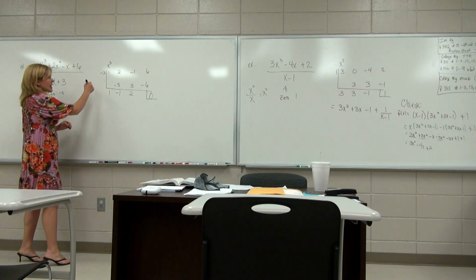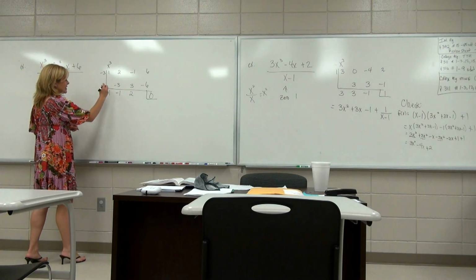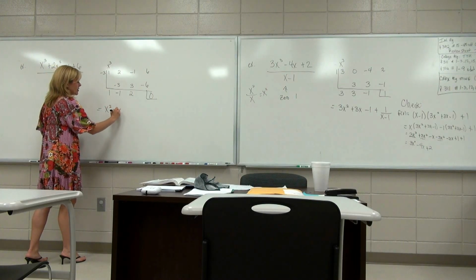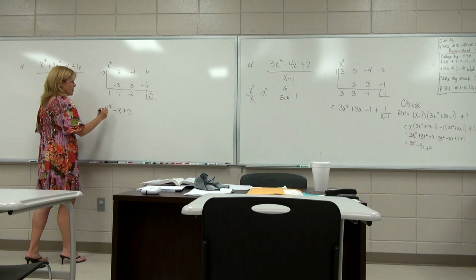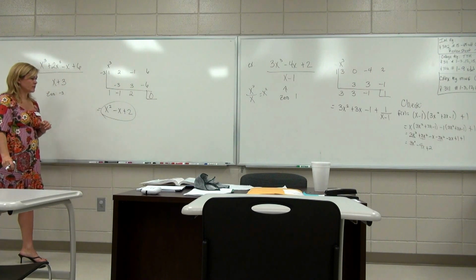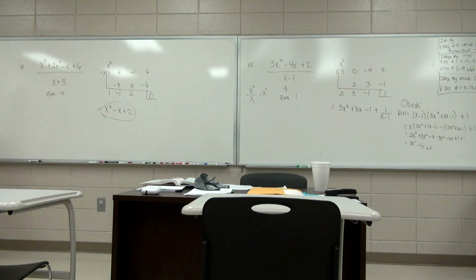Okay? So that means I can say that this function here is actually equal to x squared minus x plus 2. No remainder. Okay. Now you're fixing to learn the beauty of what we're working our way toward. I'm going to jump ahead and enlighten you on what we're going to have to do.